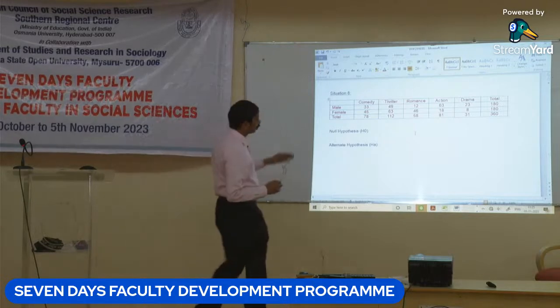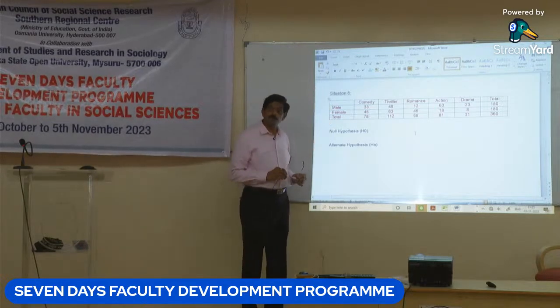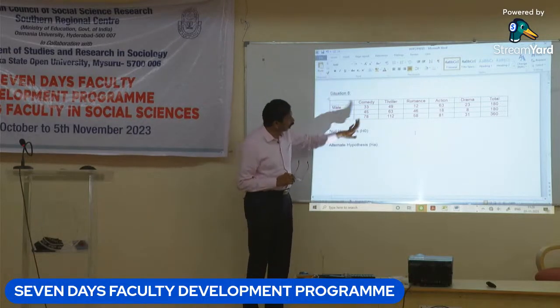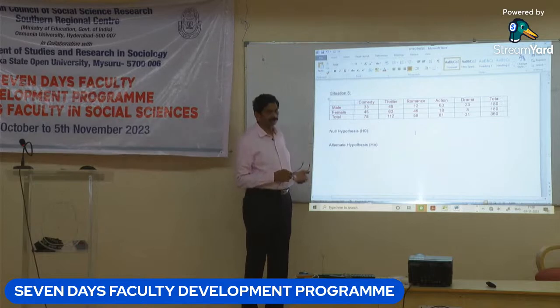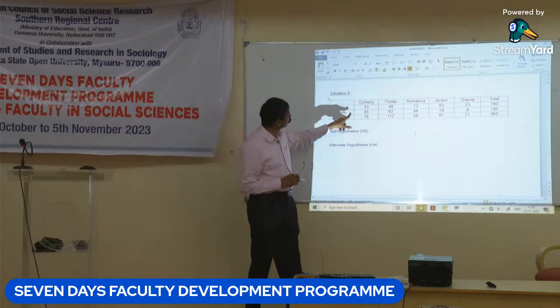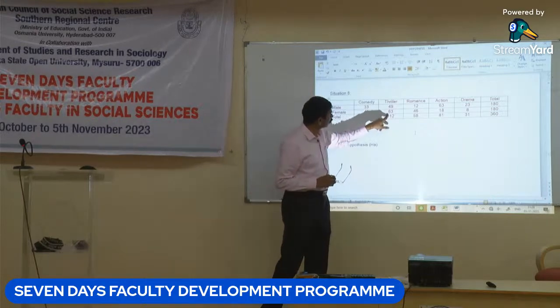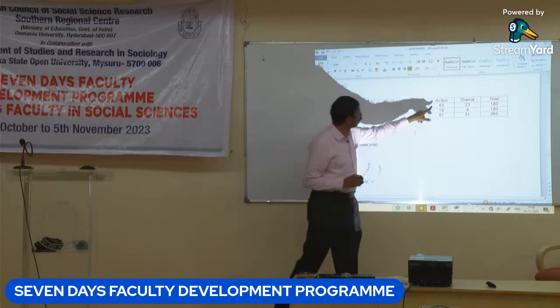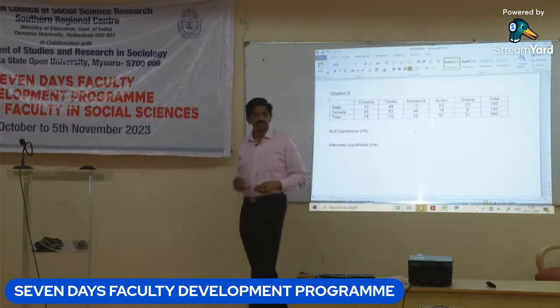But in case it is proven false, then we should make the alternate hypothesis from the table. If you see, females prefer to watch comedy, thriller, romantic movies, while males prefer to watch action, drama movies. Something like that.